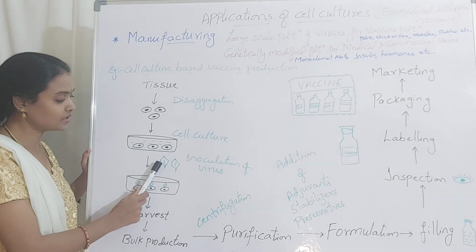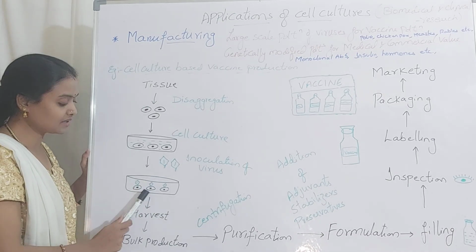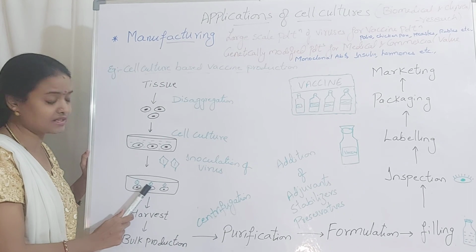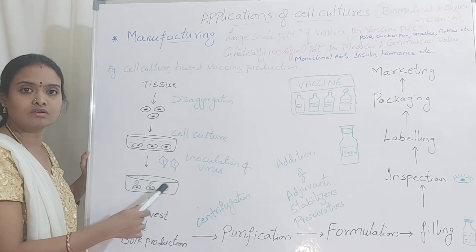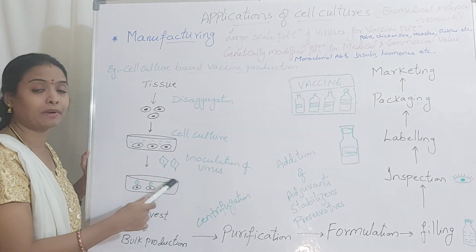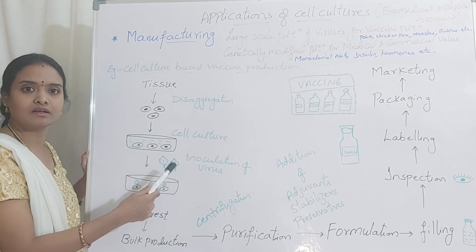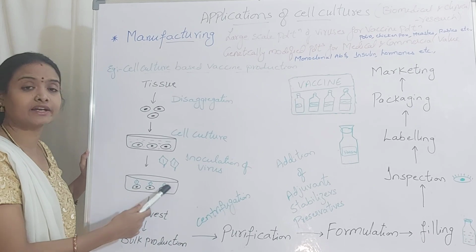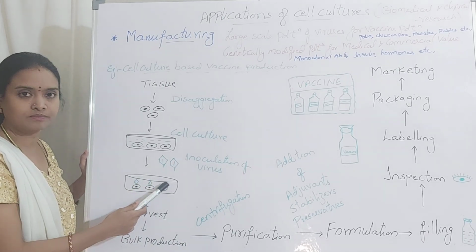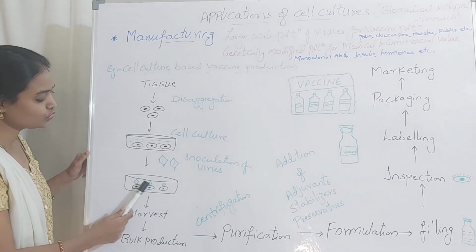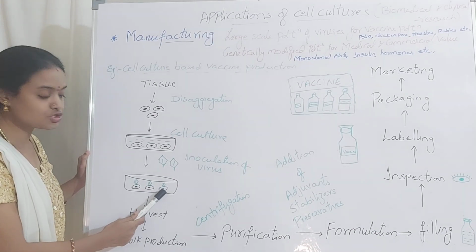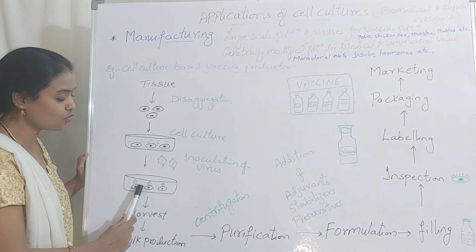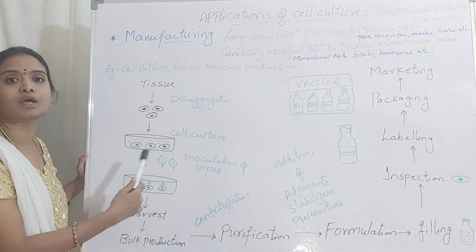Once they get the host, they utilize the host metabolic mechanism and undergo division. The viral particles will be produced, and finally it will be the lytic cycle where all the viral particles are released. So the animal cells become host to the viruses, and as a result the virus increases in number.